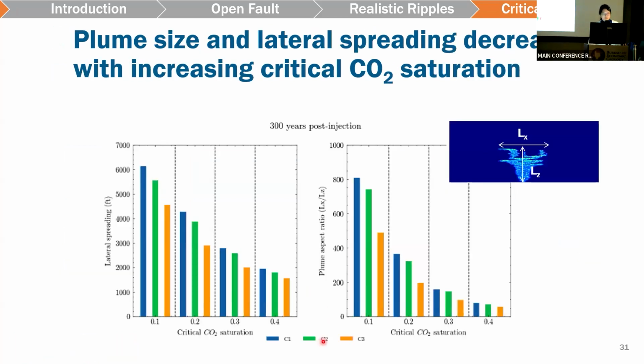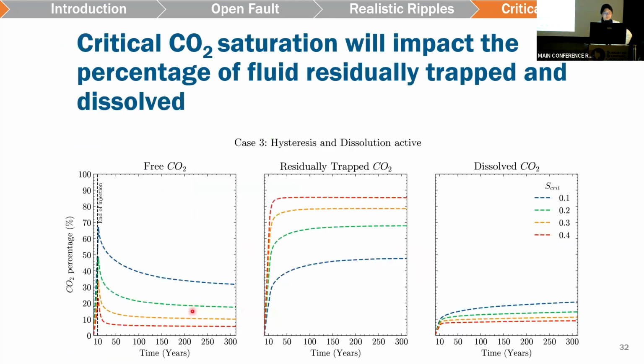And here are more plots showing quantitative measures of exactly how much the plume lateral migration extent has been reduced with increasing critical gas saturation. And by increasing critical gas saturation from 0.1 to 0.2, we can see that it greatly reduced the amount of free CO2 in the system.